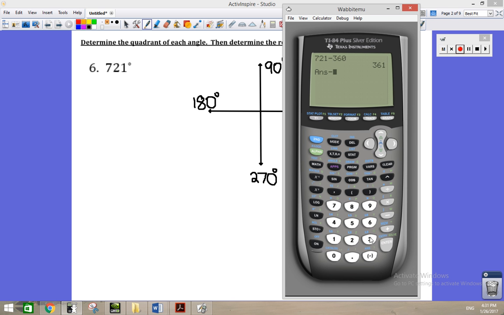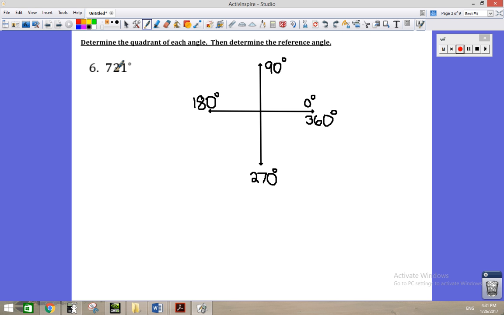So I subtract 360 again, and I'm at 1 degree. So 721 is coterminal to 1 degree, with the same terminal side. It's just that it wraps around not once, but twice, and then just that little part of 1 degree.